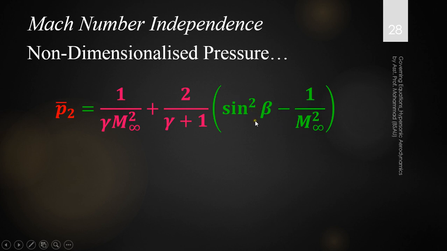So M square sin square beta exists even in the non-dimensionalized pressure ratio. Because of this M square sin square beta existing in all the relations, and this value being higher for the sphere, the sphere starts showing Mach number independence behavior sooner than the cone and the cylinder combination.